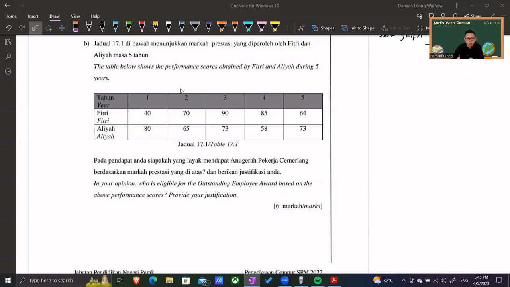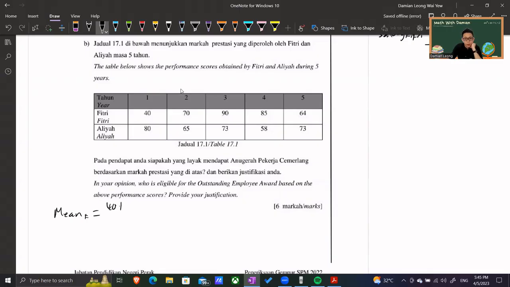I can find the average, yeah, for each of them. So I find the mean for Fitri.